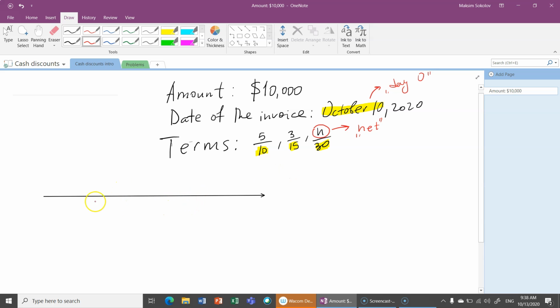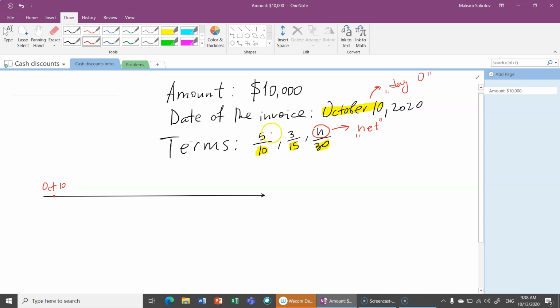So let's check this out on the timeline. On this timeline, let's put the day of the invoice, and that will be October 10. That's the day of the invoice, when the invoice has been written.